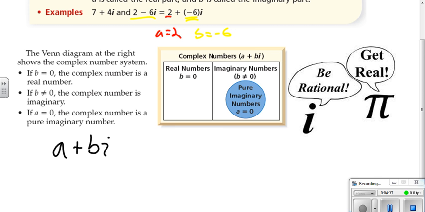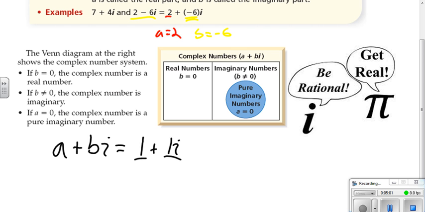Now, the imaginary numbers are whenever b does not equal 0. That means we have an imaginary part. So if b doesn't equal 0, and let's say a didn't equal 0 either, so we'll just say both of them are 1, we'd have 1 plus 1i. This is an imaginary number, or a complex number, because it has both parts.